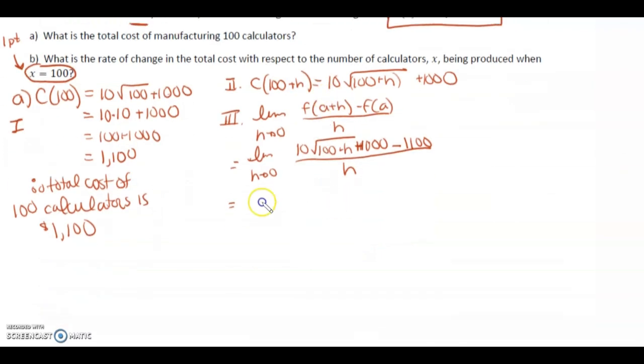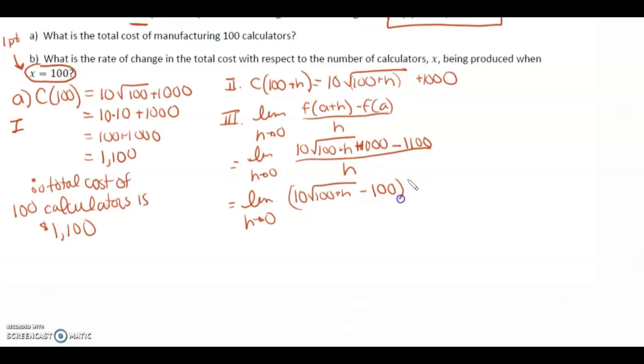So what we're going to do in the next step is 2 things. We are going to multiply by the conjugate. So 10 root 100 plus h plus 1,000. Actually, I'm going to simplify this right here: plus 1,000 minus 1,100, I'm going to go to minus 100. Now I'm going to multiply by the conjugate of this.